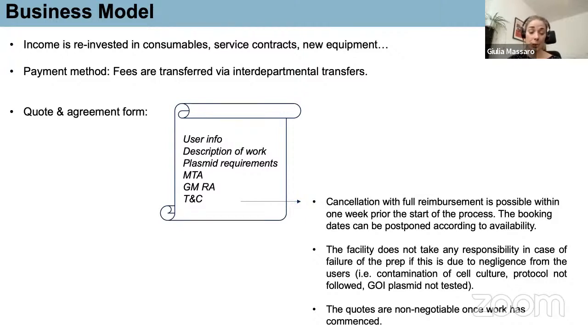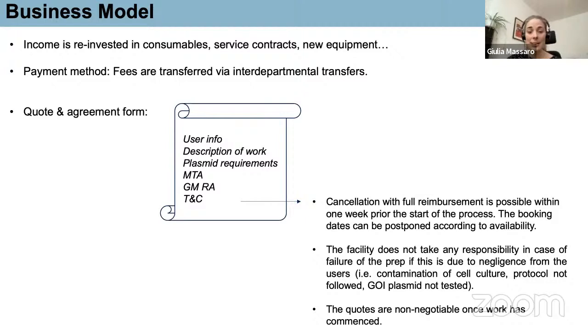I also have to make sure that they have a GM risk assessment in place to use these vectors in the lab. And then finally, there are some terms and conditions regarding, for example, cancellation. As I said, I don't want to ask for more money from people. I try to always be accommodating.